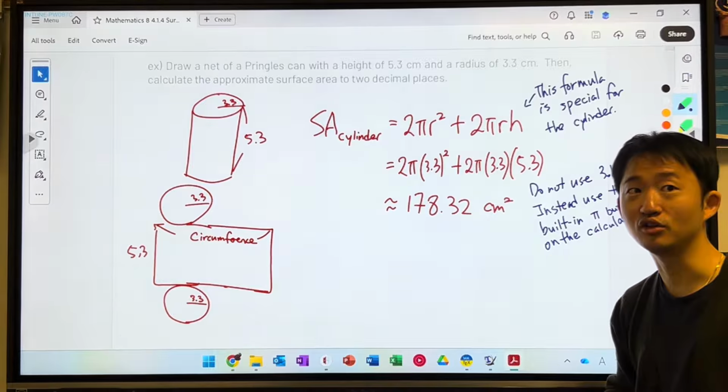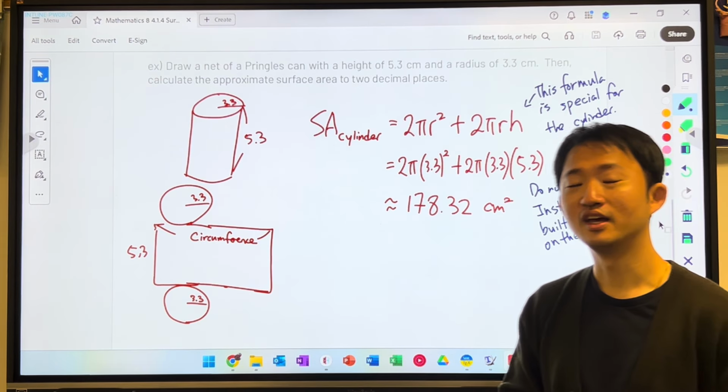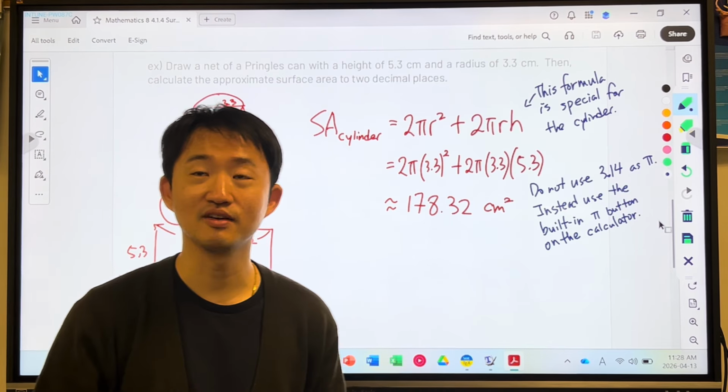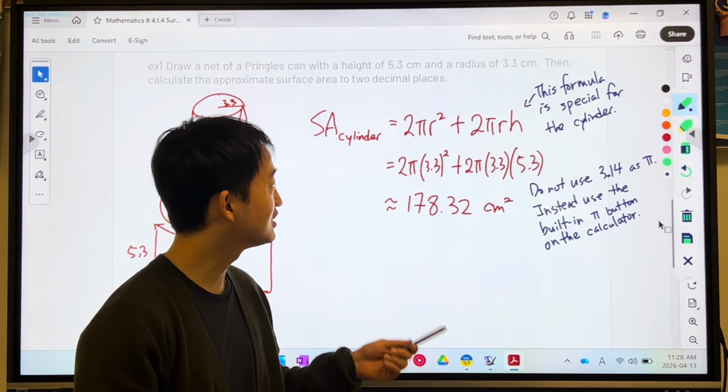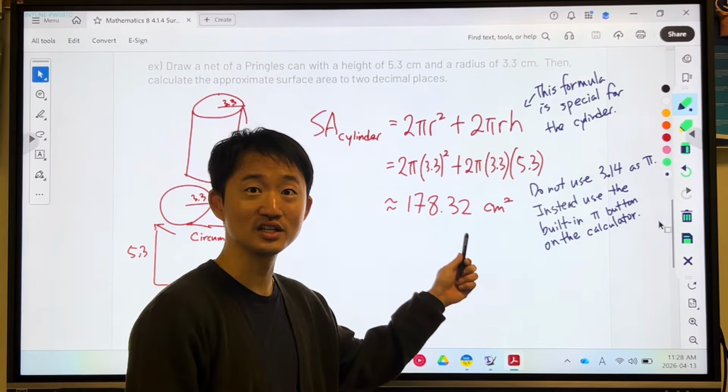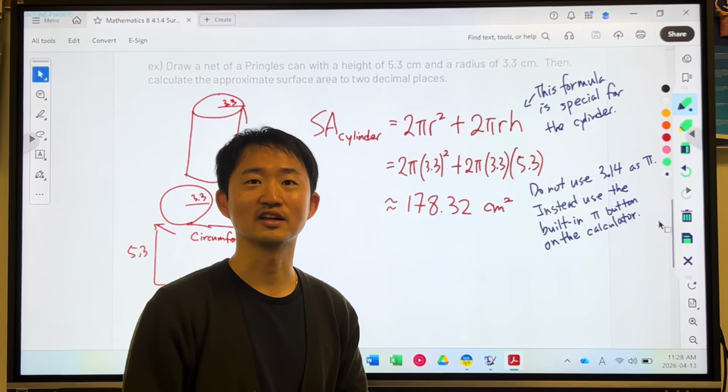It is very important that you use the built-in pi button instead of the 3.14 because it may give you an incorrect answer. And if you get an incorrect answer because you have a few decimals off, you will get the question incorrect.